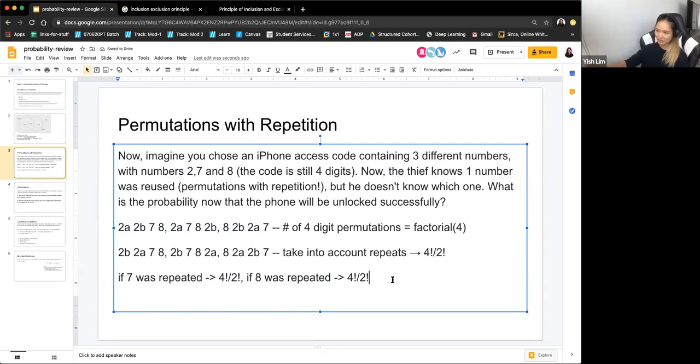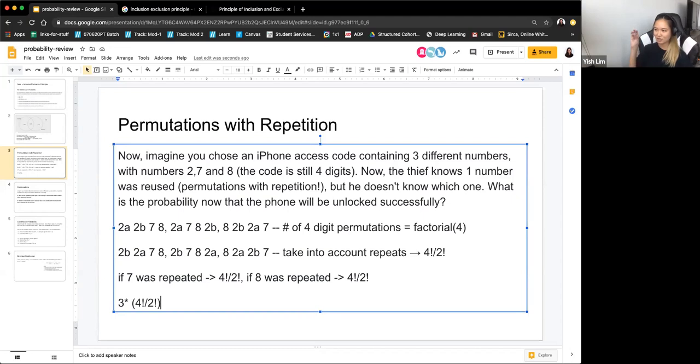And so in total, the number of possible combinations with either 2, 7, or 8 being repeated is just 3 multiplied by 4 factorial over 2 factorial, which I believe should be the answer that you see on the lab for this part.